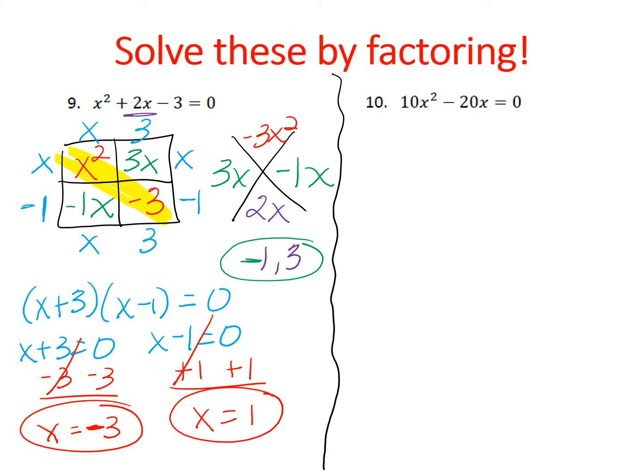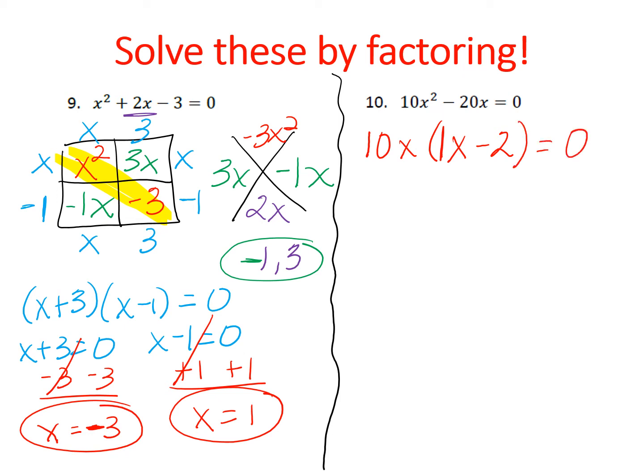So 10 and 20 are both divisible by 10. And then if you notice, both terms contain an x. So I'm going to factor out a 10x. And when I do that, 10x squared divided by 10x would just be x. And again, you can put a 1 out there if you would like. And then -20 divided by 10 would give me -2. And x divided by x is 1, so those, in other words, cancel.